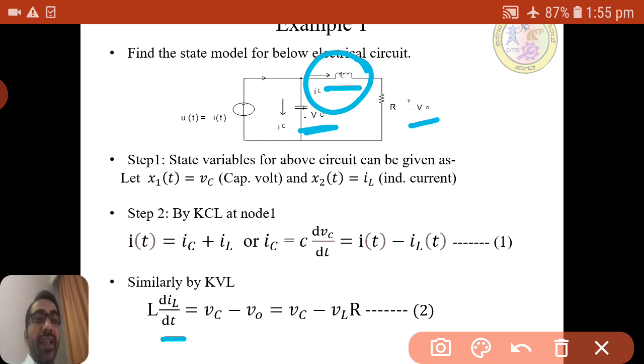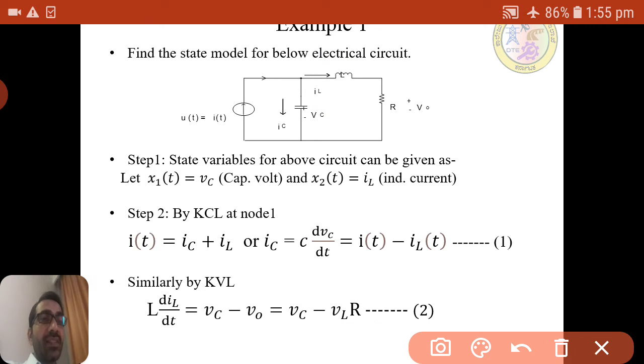We know that V0 is nothing but IL into R, that is the load resistance, the current through the resistor times the resistor value. This will be considered as equation number 2.